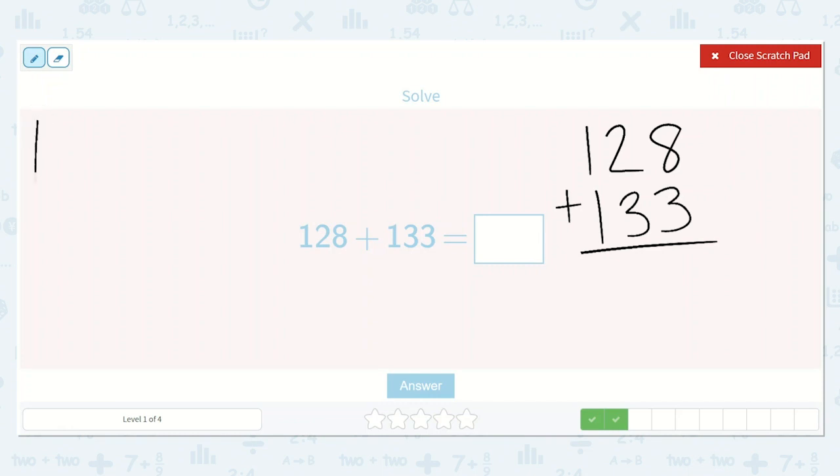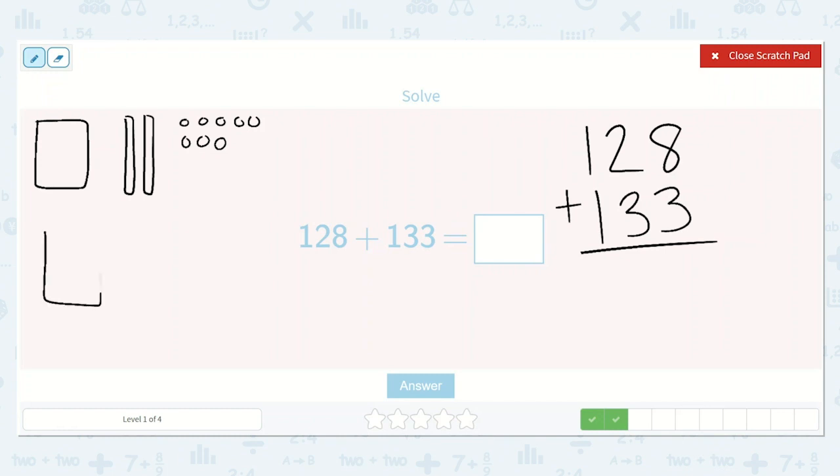We have 128, so 2 tens, and 8 ones. 1, 2, 3, 4, 5, 6, 7, 8. And then we have 133, which is 100, 3 tens, and 3 ones. 1, 2, 3.